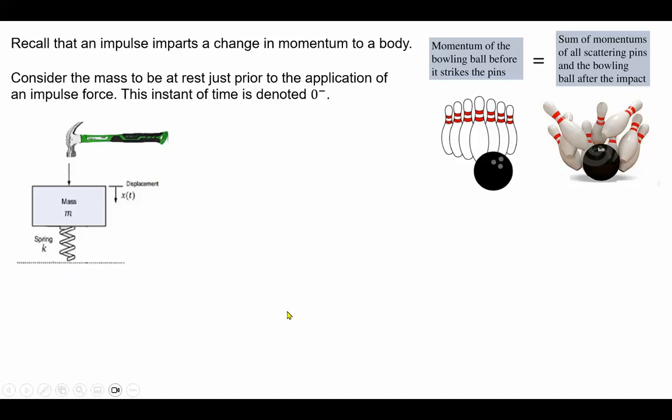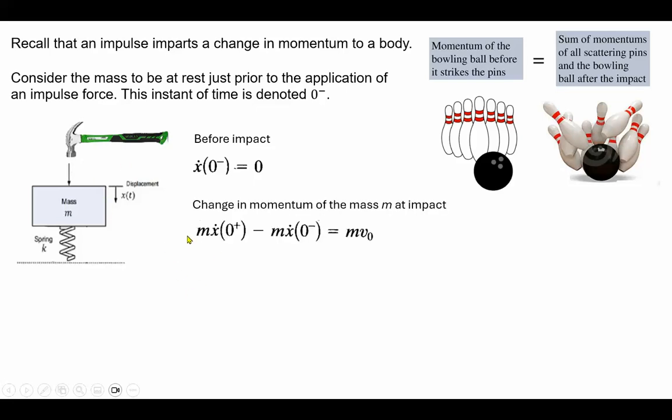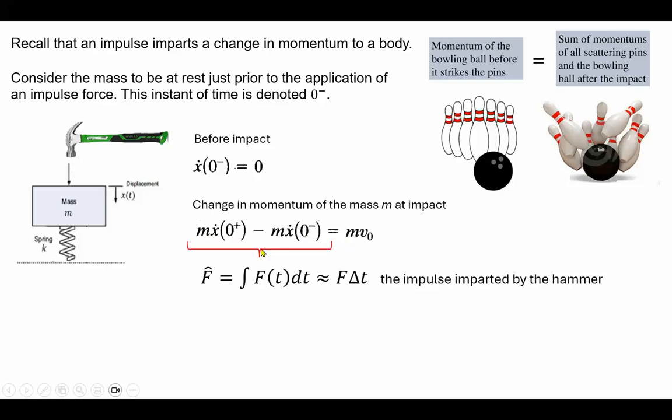What we do is we say that the change in momentum is equal to the impulse. Assuming that the mass was at rest before the hit by the hammer, this is the impulse momentum equation. The change in momentum is equal to the impulse, the integral of f of t dt.